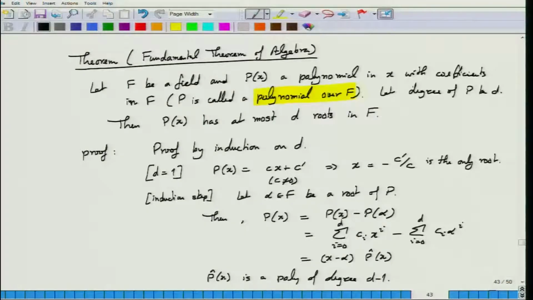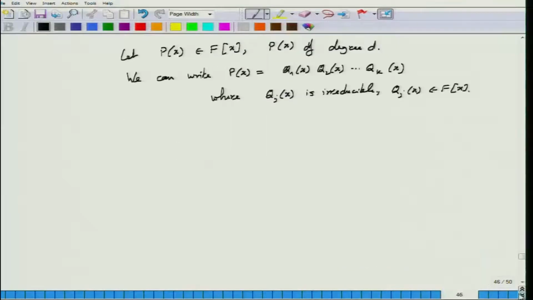So if alpha is a root of P and alpha is in F, then one of these Qj's will be of degree 1. And it will actually be of the form x minus alpha, where alpha is a root. Any linear polynomial is irreducible, of course.